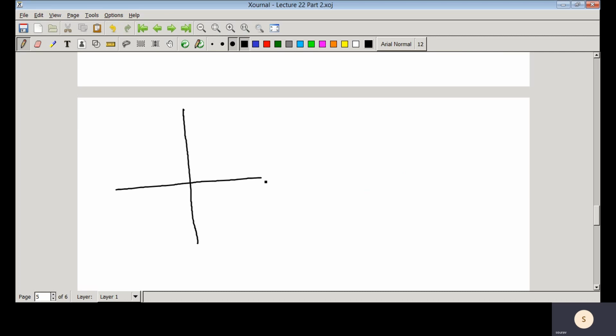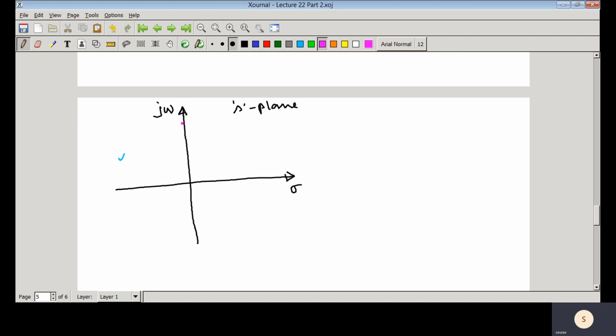So this is the S plane, real and j omega. You know that the system would be stable whenever the poles are in the left half of that complex plane.